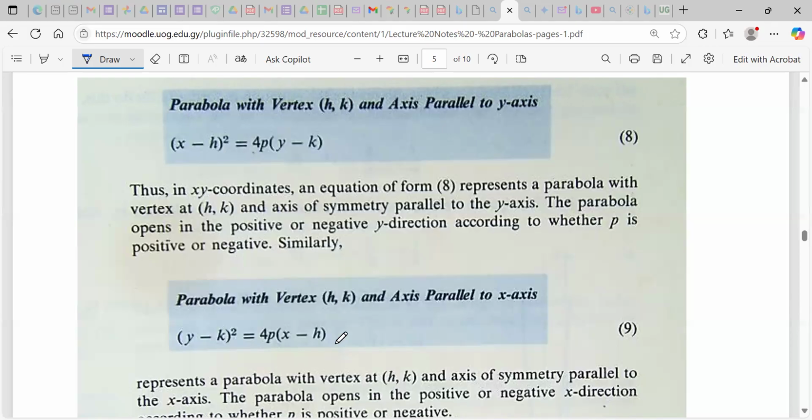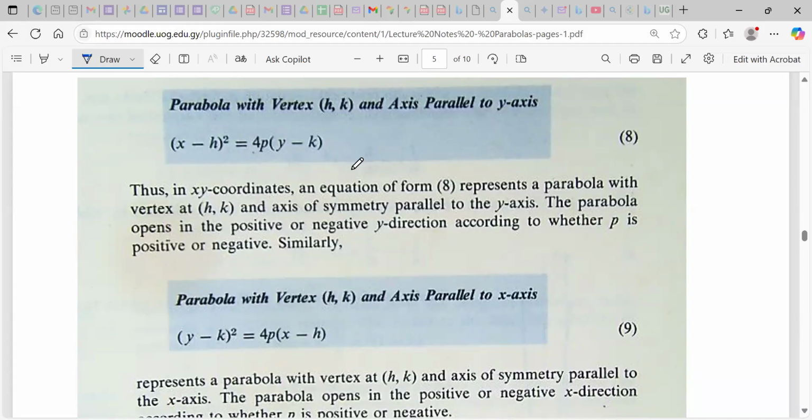We have to memorize this or have them in our formula sheet so that if you're given the equation in some other form, you can convert it to look like this and then pick out maybe p, the vertex, the focus, or the directrix. The possibilities are a whole lot, right? So you can rearrange what we have into this form.